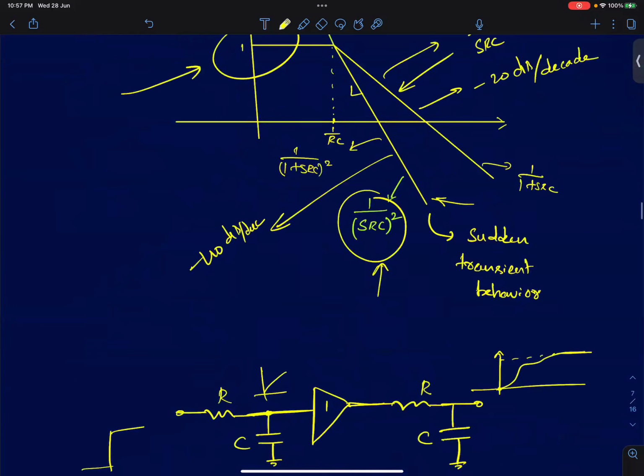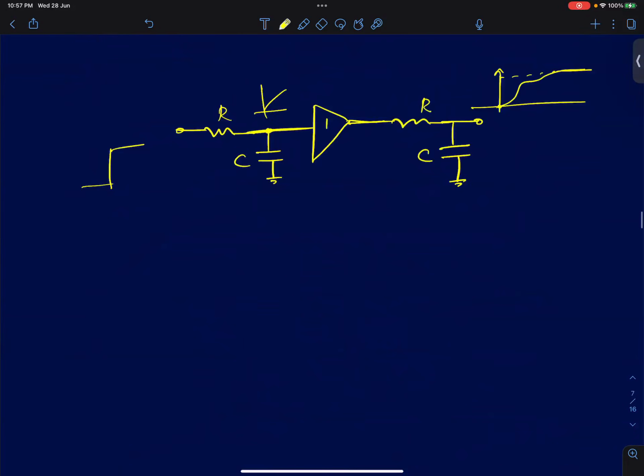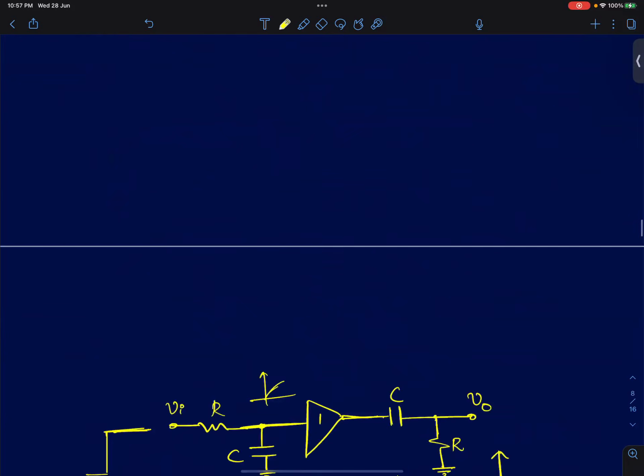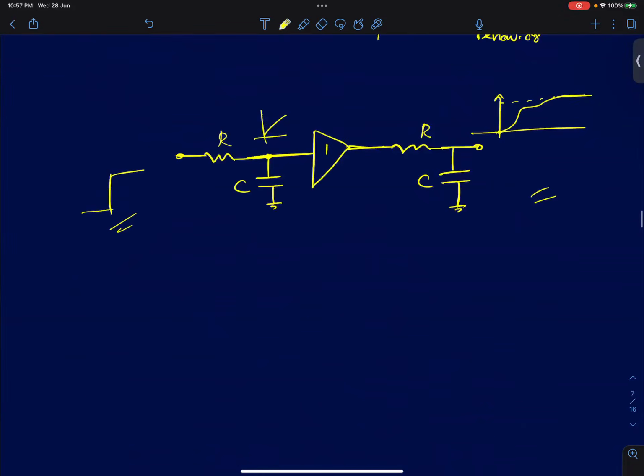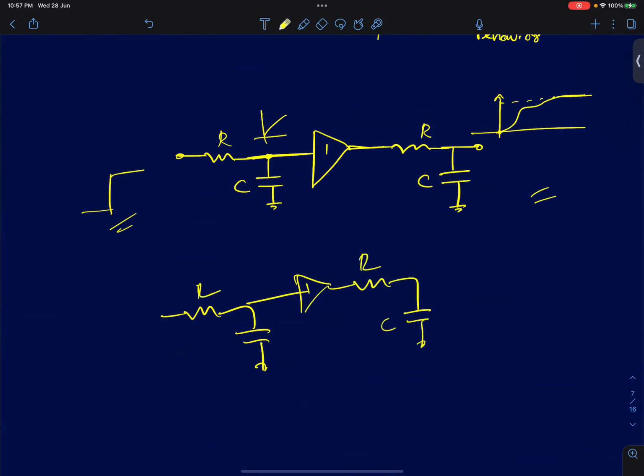So extending the same way, I've just drawn the response for a step here. You can now predict what will be the behavior of a circuit like this. Now that I've discussed the cascade of two poles, let's say I have n poles. I have cascaded an RC and then put a buffer here, and then cascaded another RC, put a buffer, and so on.